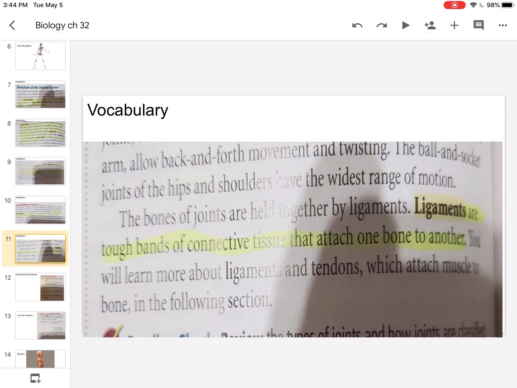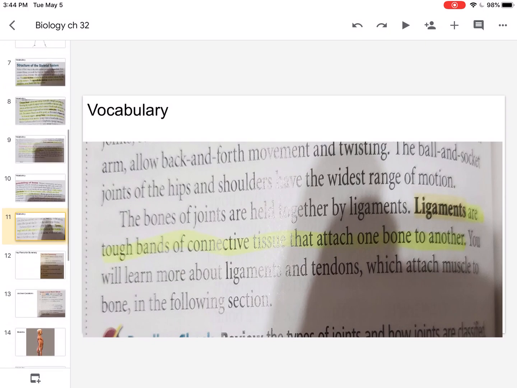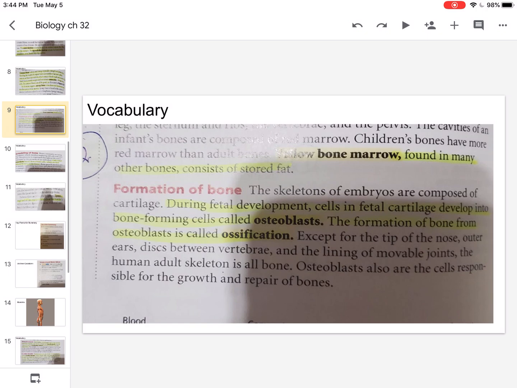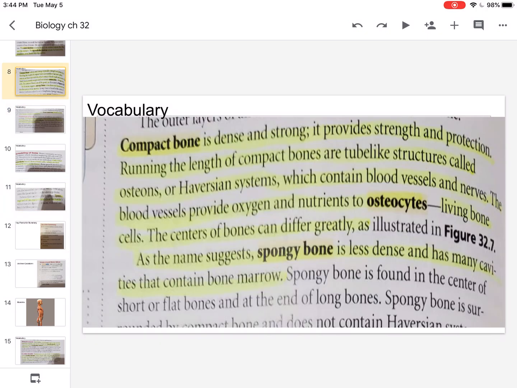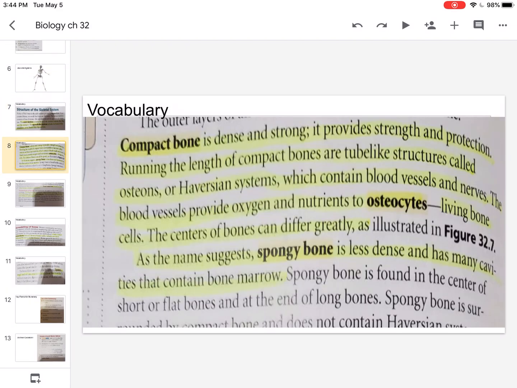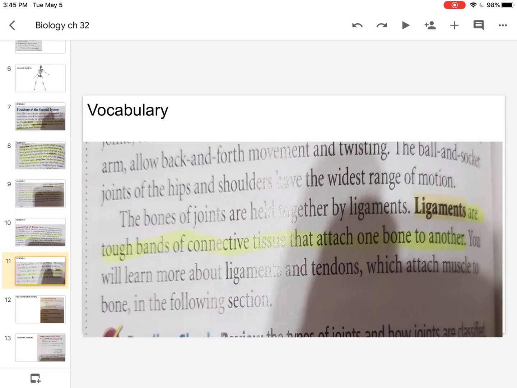Where is it? Shoot. Should be under here somewhere. Bone marrow. I might have skipped some vocab. I'm going to have to go back, I think I skipped page 942. I'm not seeing it here. Let me go through real quick. Yeah, I think I did skip one.